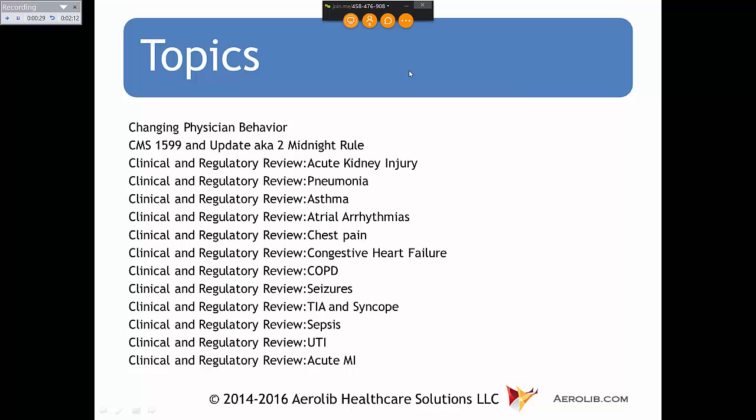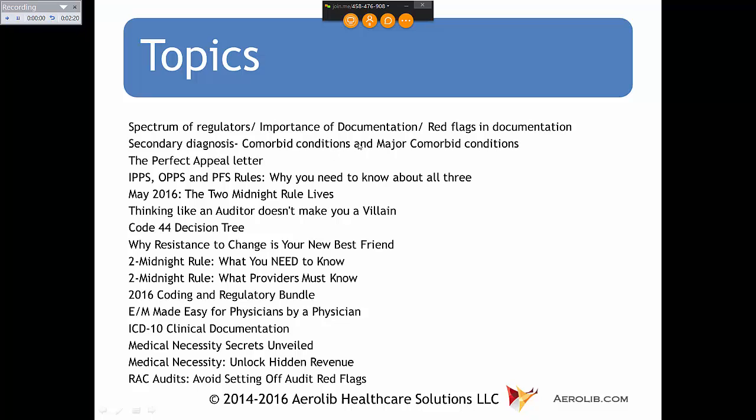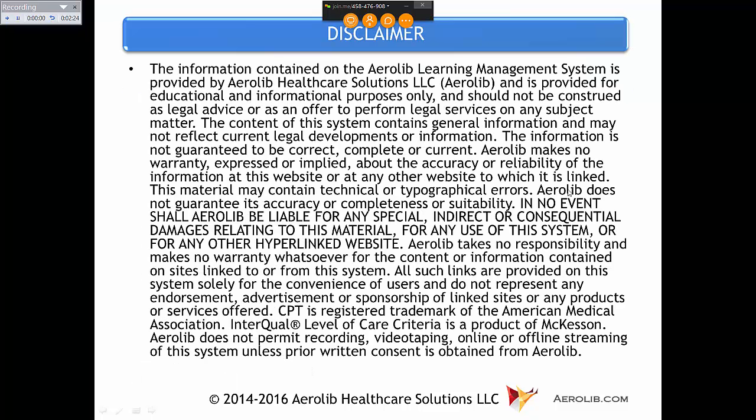But what we do talk about is how these documentation tips need to be looked at from a regulatory and payer standpoint. And so these are some of the other topics that you'll find on the LMS. A little disclaimer saying, CPT belongs to AMA, Interqual belongs to McKesson.